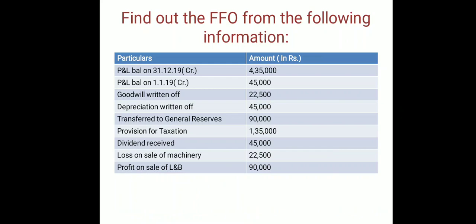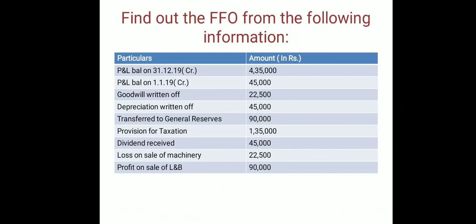Those items we have to add back in the net profit to calculate the fund from operation. Those items are non-cash, non-operating expenses or losses. Expenses and losses we add back, and in a similar way, non-cash and non-operating or non-fund incomes and gains we deduct from the net profit to calculate exactly the amount of fund from operation. The same thing we'll do here also.